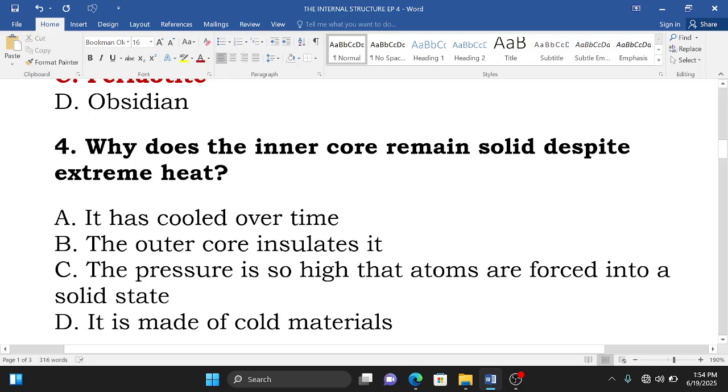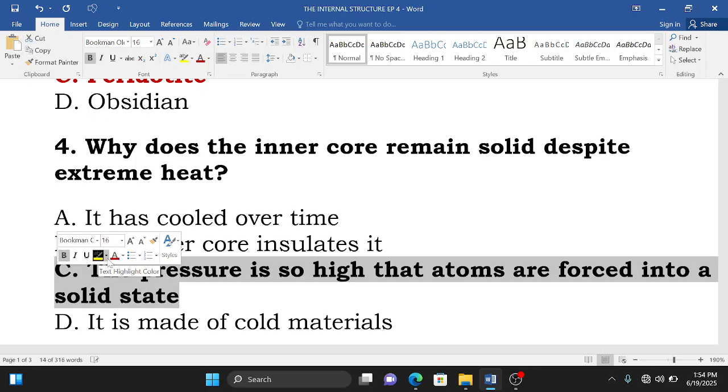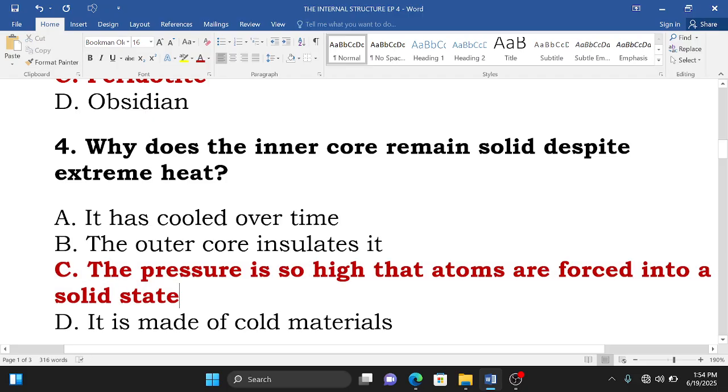So the correct answer is C. In the inner core, the rocks remain solid even if the temperature is too high because of, first, the high pressure in the inner core, and second, the very heavy minerals like iron and nickel, which cause the rocks in the inner core to stay in a solid state.